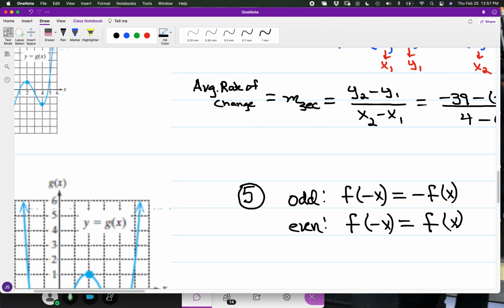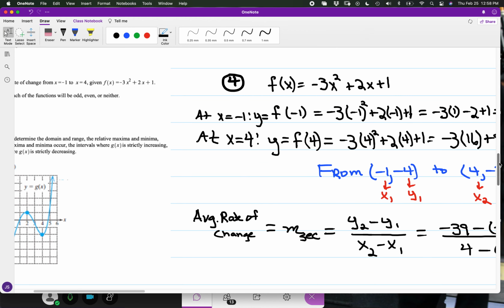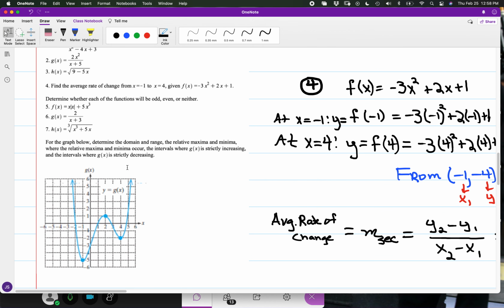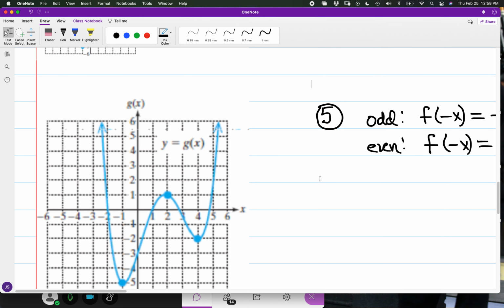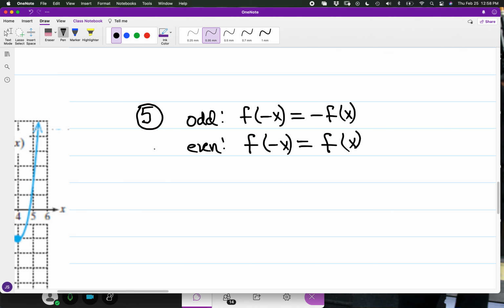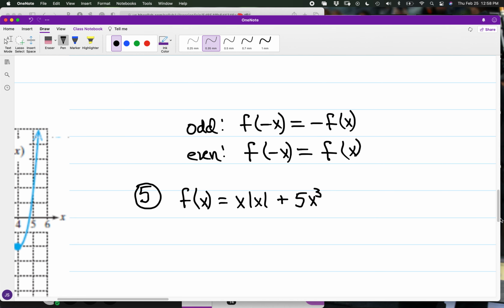And for what we have in number 5, we have x times the absolute value of x plus 5x cubed. Let's see how these are going to line up.